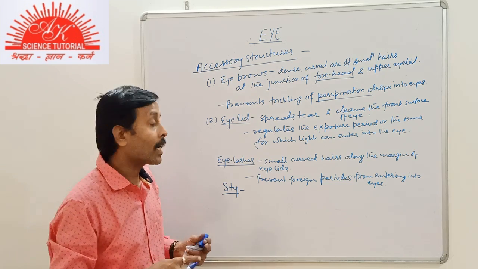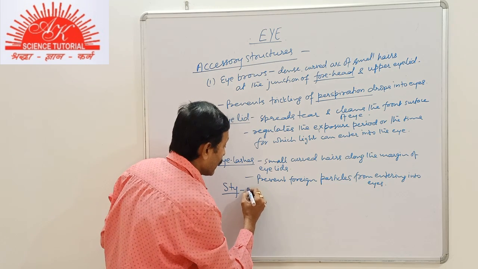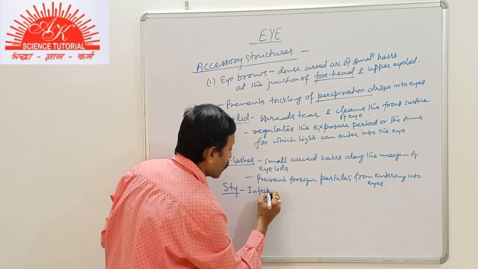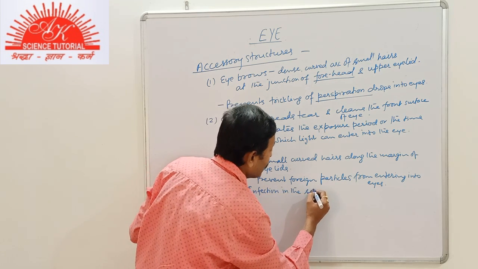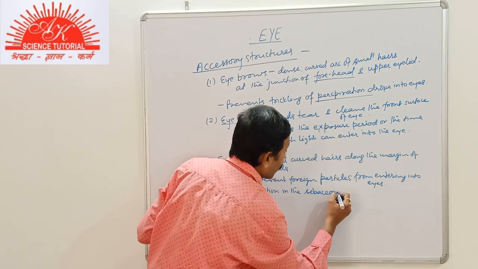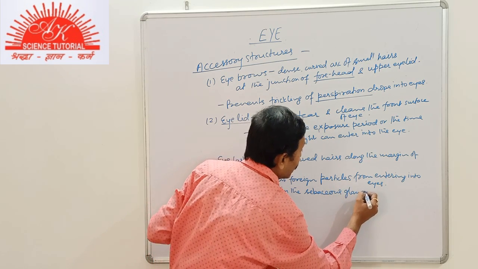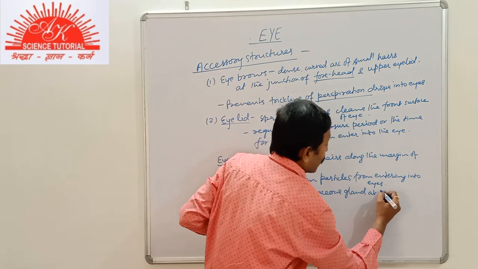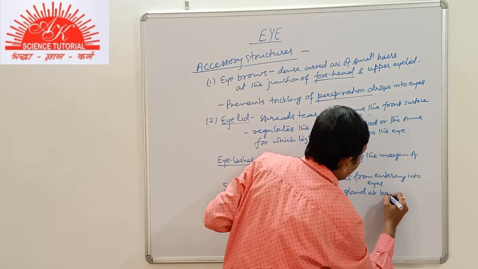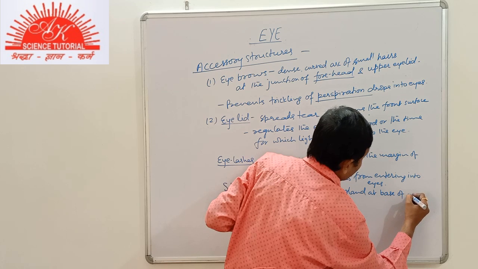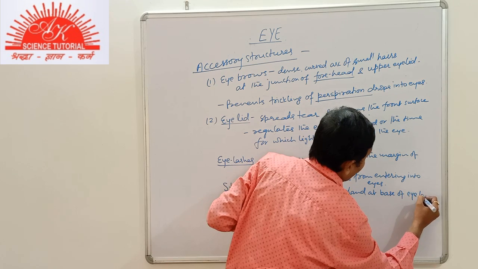That is called a stye. Here, a stye is the infection in the sebaceous gland at the base of the eyelashes.